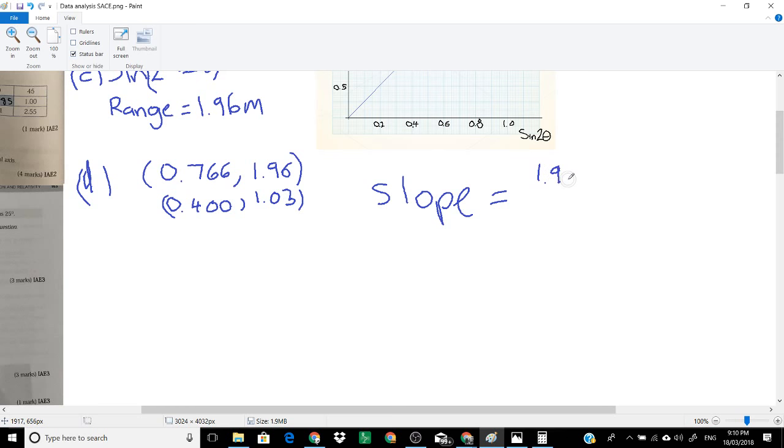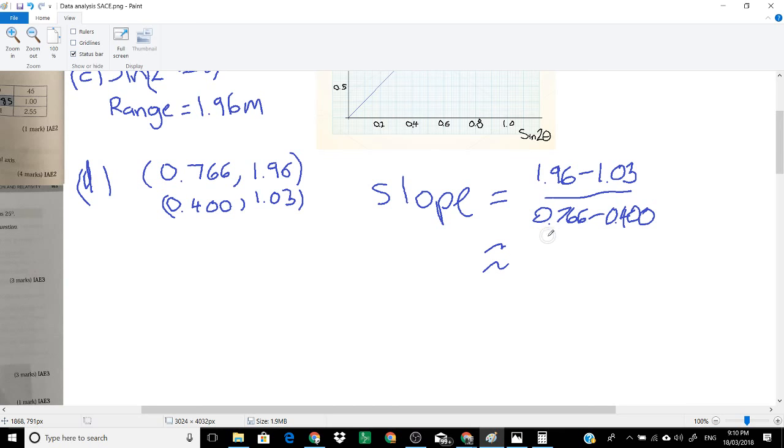So 1.96 minus 1.03, so this is the rise, over 0.766 minus 0.400. So what's that?